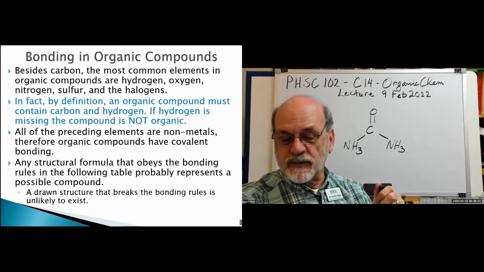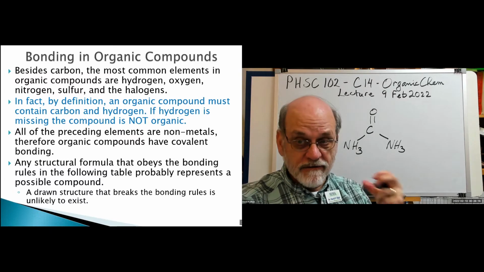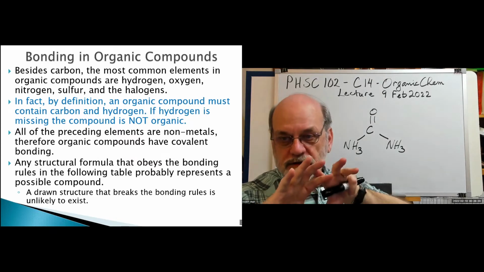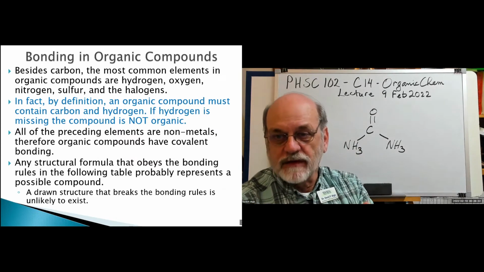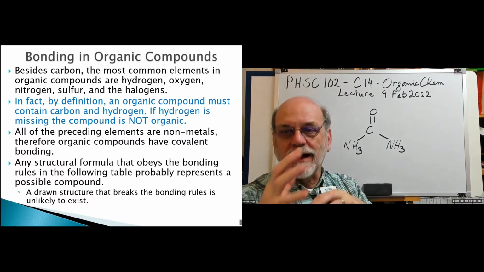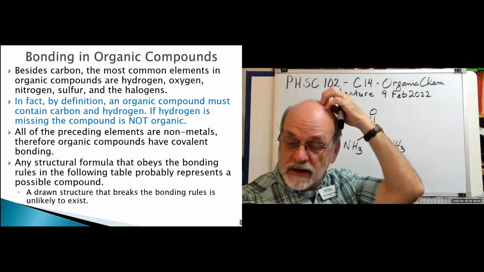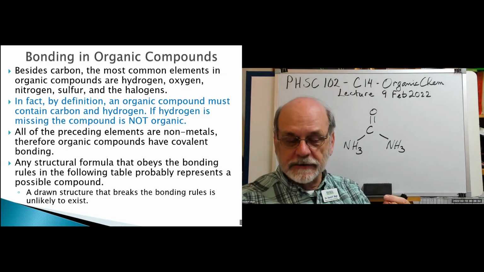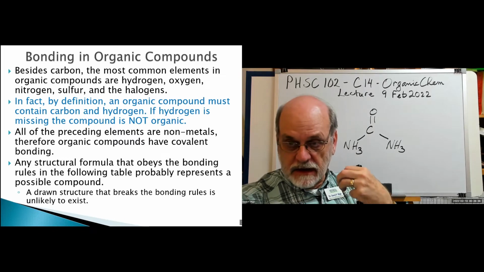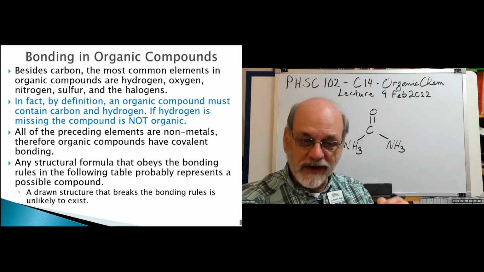But that's an advantage because non-metal bonding usually produces very strong bonds, and the result is unique molecules that act independently, as opposed to ions that can interact with any other ion based upon their electrostatic charge. So we actually have molecular chemistry going on here because of the covalent bonding.